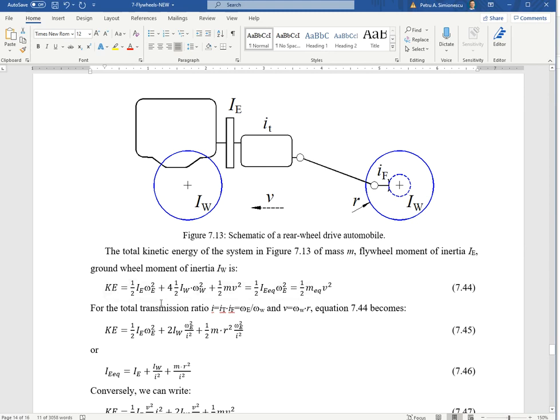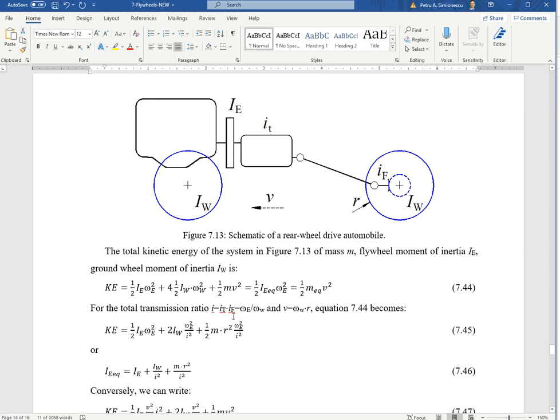The kinetic energy is going to be the kinetic energy of the engine flywheel, plus the kinetic energy of the four wheels, assuming all four to be identical, plus the kinetic energy of the translating mass of the vehicle m. We can relate the velocity of the vehicle to the engine RPM or omega by involving the radius of the wheel and the transmission ratio.